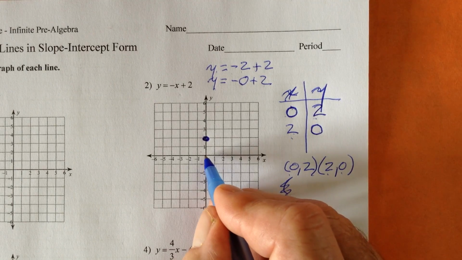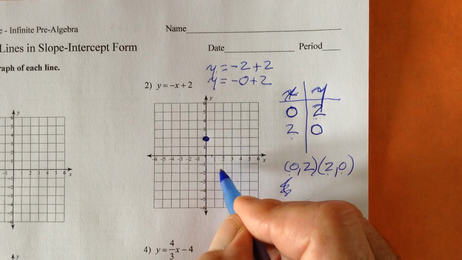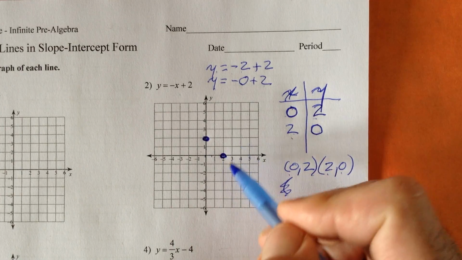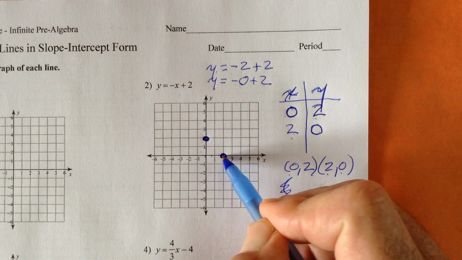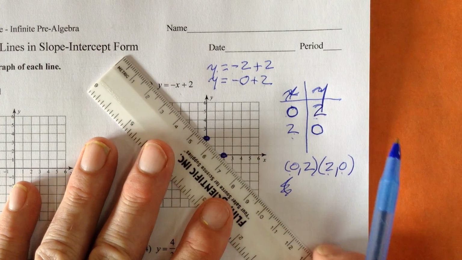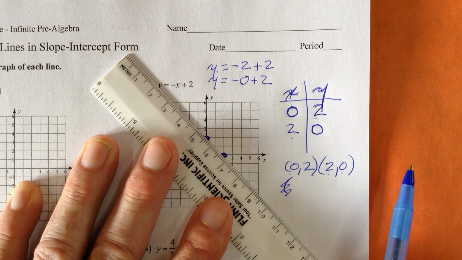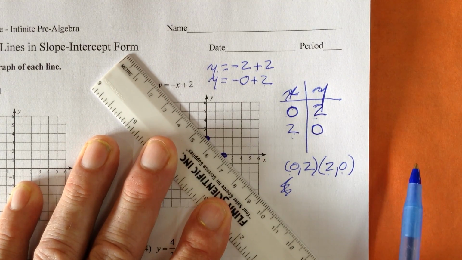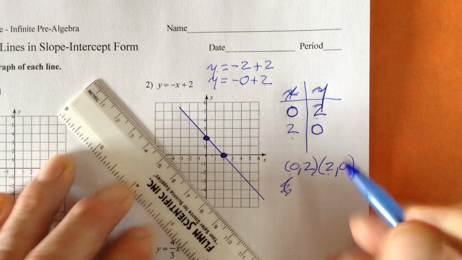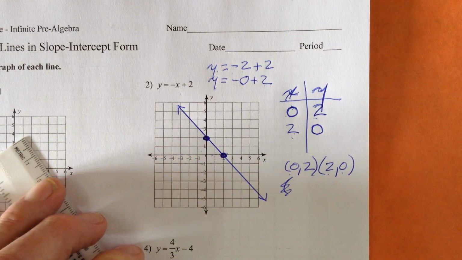So if x is 2, 1, 2, and the y is 0, I don't go up or down, so I just plot it right here. Okay, so therefore, these will be 2 points on that line. So I could take a little ruler and connect those 2 points. Just like that. Okay, and there's your graph.